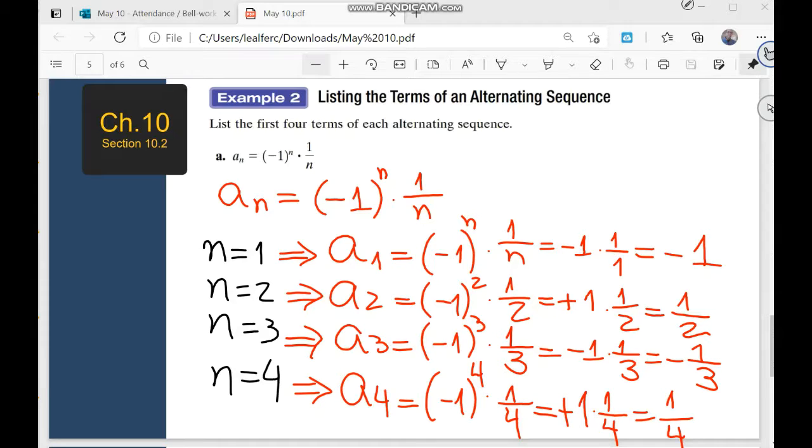Look how interesting this sequence is. The first term is negative, negative 1. The second term is positive. The third term is negative. The fourth term is positive. It's alternating, right? Negative, positive, negative, positive. That is what alternating sequence means.